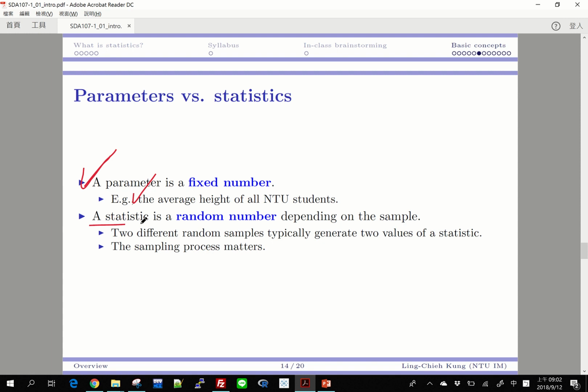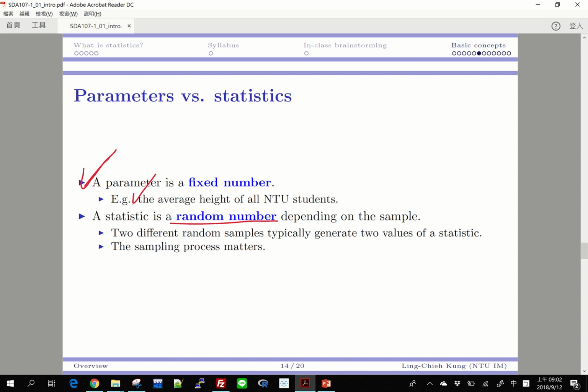On the contrary, a statistic is generally a random number depending on the sample, because we typically randomly select 100 students, 1000 students, and today we get a sample, tomorrow we get another sample. The two samples can be different, and in most cases they are different.